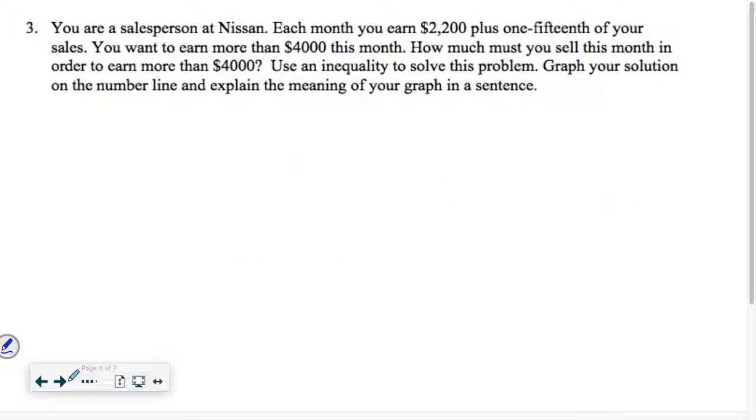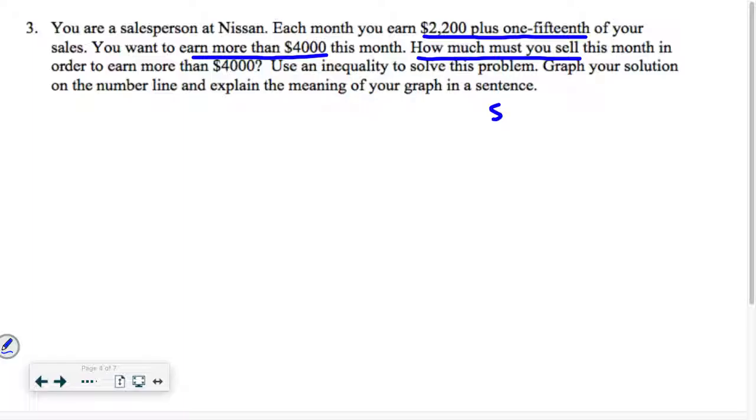You are a salesperson at Nissan. Each month you earn $2,200 plus 1/15 of your sales. You want to earn more than $4,000 this month. How much must you sell this month in order to earn more than $4,000? Once again, step one, we want to find our variable. We're answering the question, how much you must sell.